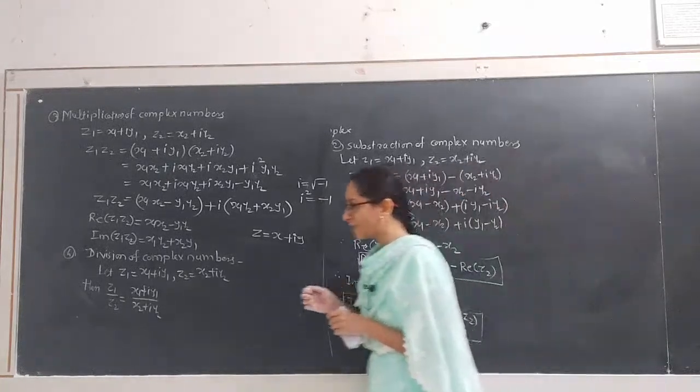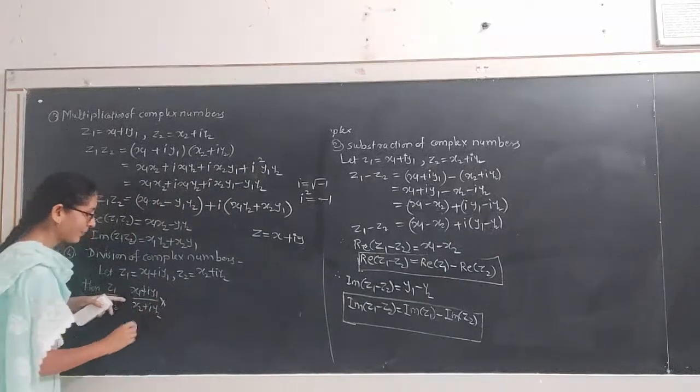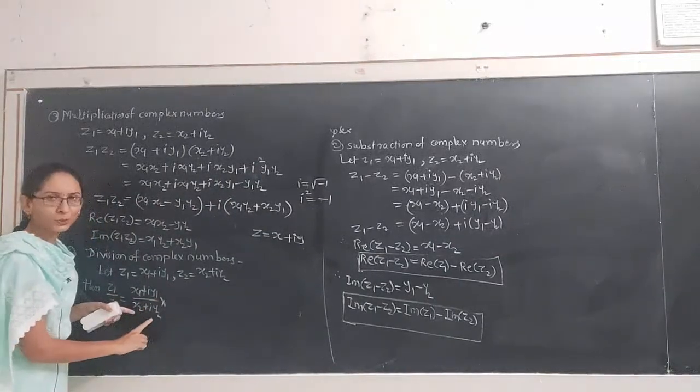For that, we multiply this division of two complex numbers by the complex conjugate of z2.